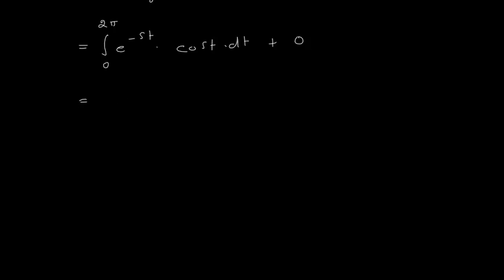I will say that it is 1 upon s square plus 1, and here we have minus s into cos t, then plus we have sin t. The limit is 0 to 2 pi.